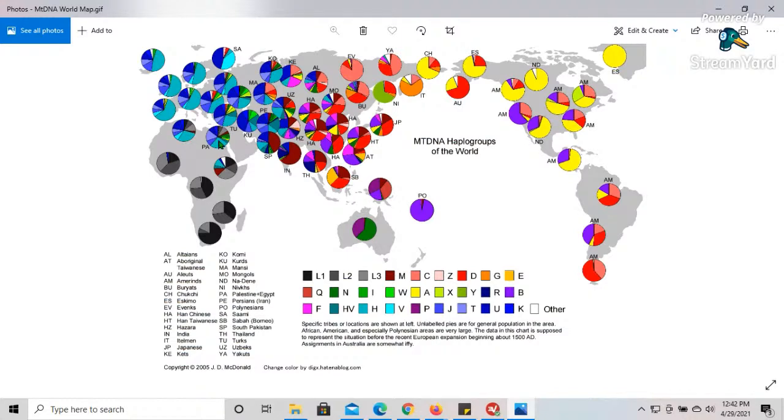Majority mitochondrial Semitic DNA, which is understandable considering the Semitic presence in the Mediterranean trade and the Carthaginians and the whole history of the Mediterranean. But look at the percentages. Majority Semitic mitochondrial DNA, even with the green slivers, which tends to be more Asiatic mitochondrial DNA, but it's still Semitic.